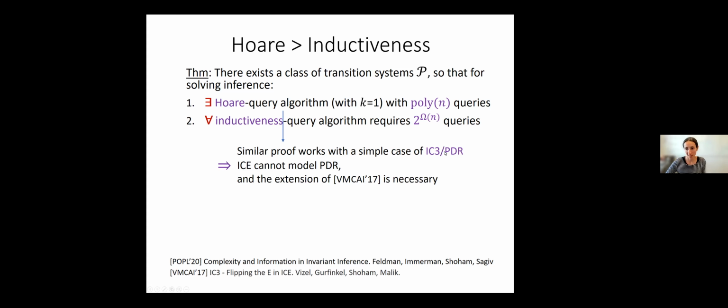In a previous paper a few years ago, we did try to show that IC3 is some instance of ICE, and we really failed, and we had to extend the kind of queries that are allowed. And now in this result, we basically gave the formal justification. We proved that it's not possible to describe IC3 as an instance of ICE, because IC3, at least in this sense, is more powerful.